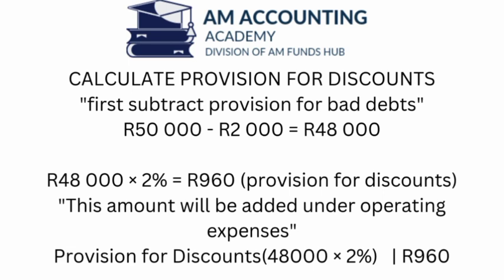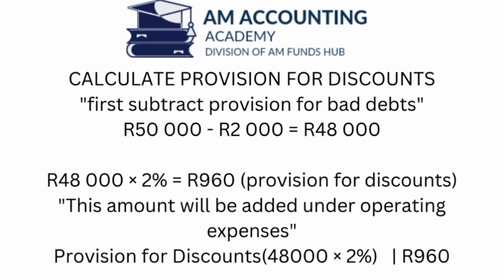Therefore 48,000 multiplied by 2% will equal 960, which is the provision for discounts granted. This amount will be added under the operating expenses as provision for discounts granted. Now remember to write the calculation in brackets as stipulated. 48,000 multiplied by 2%. And on the total column you'll have your 960. Now remember, this will go under your operating expenses.